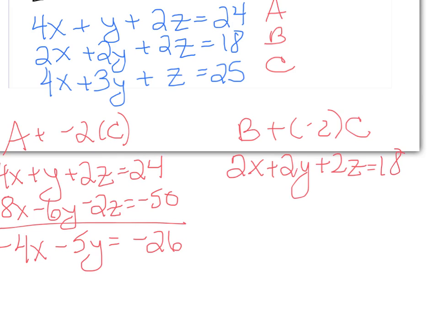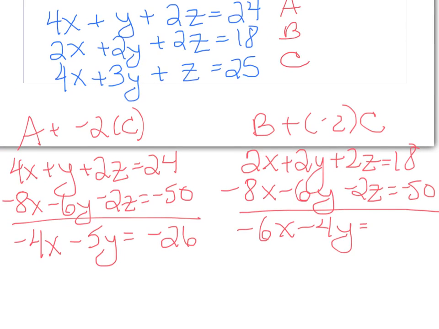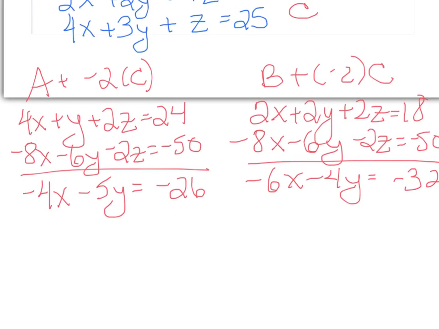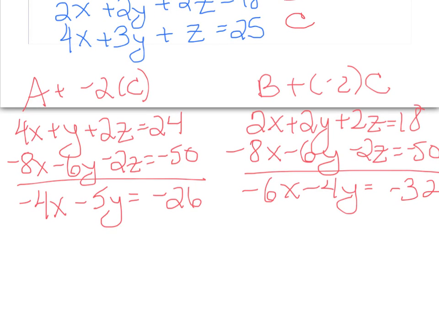And then negative 2 times c. And when we add those together, so now, looking at the two equations we have left, we can either cancel the x's or the y's. I think I want to cancel the x's.